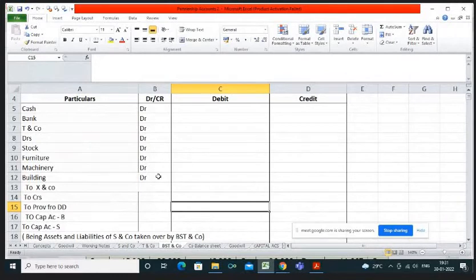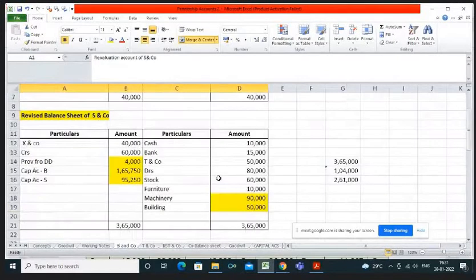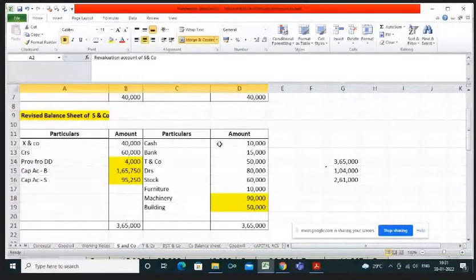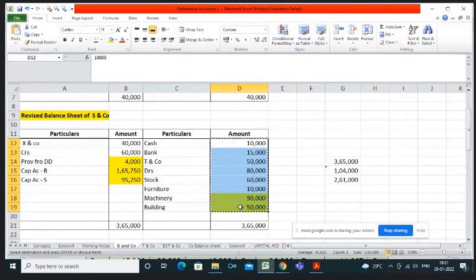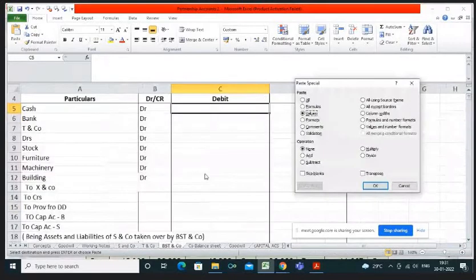These are the assets we are transferring from S and Co. So I can debit all these accounts at these values. Essentially I am copying these revised balance sheet values here, because these are the assets taken over and these are the values at which they are taken over.